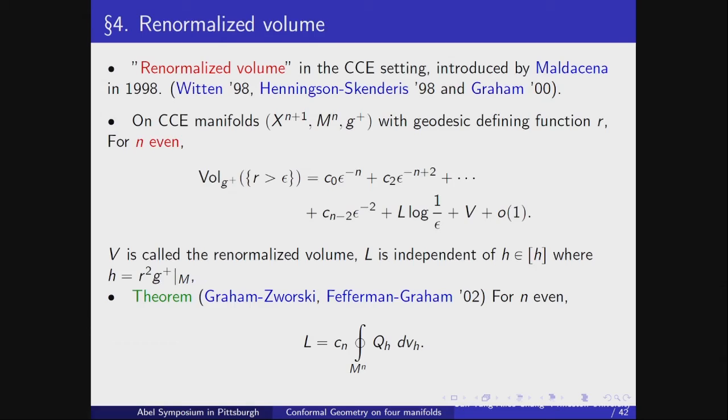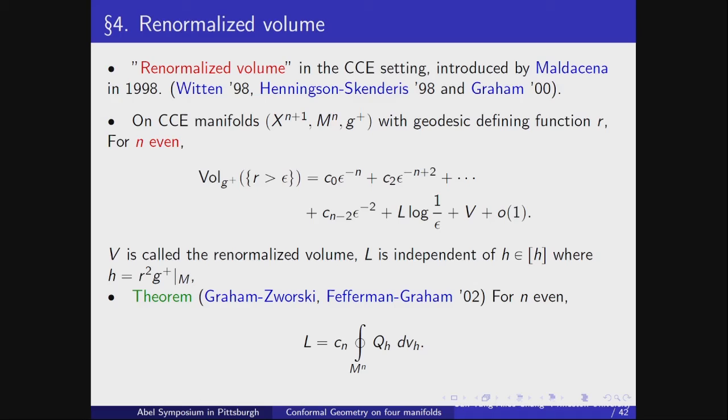Okay. So now let me talk about the renormalized volume. We know that the hyperbolic metric has infinite volume. If you push it in, looking away from the boundary, r greater than epsilon, then of course the volume is finite, but it depends on epsilon.